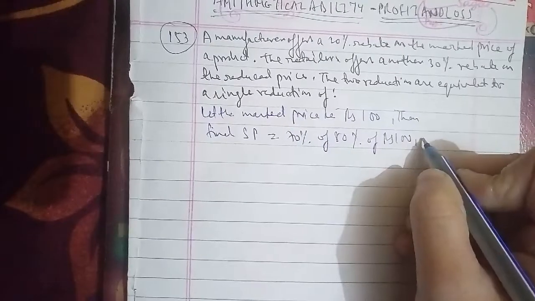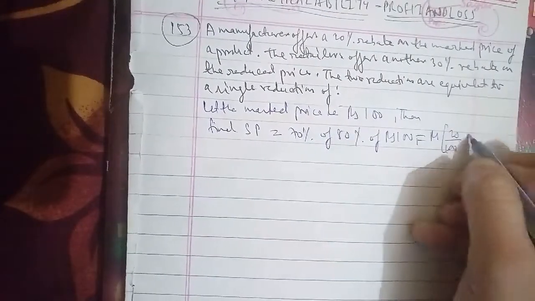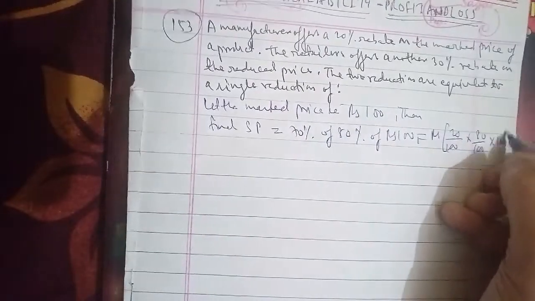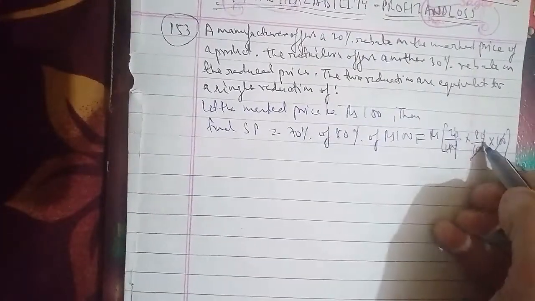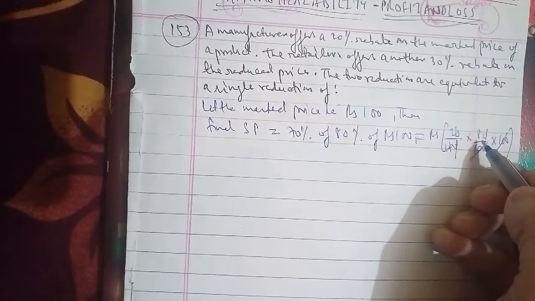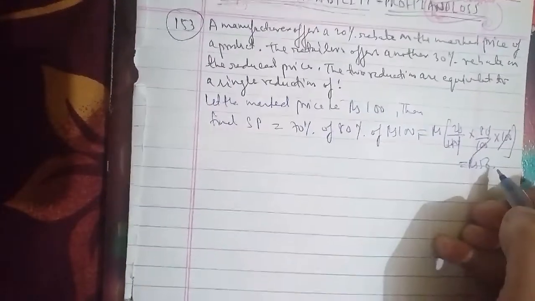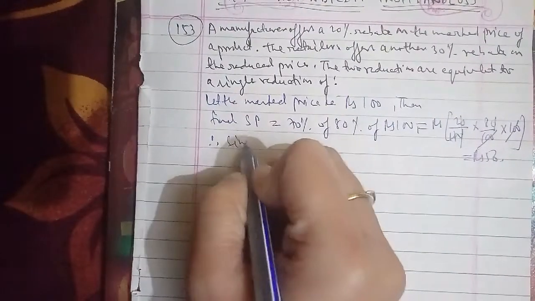This 100 is cancelled by 100, these two zeros are cancelled by the zeros, so 7 8s are 56. So we'll get rupees 56. Single discount equals 100 minus 56, which is equal to 44% here.